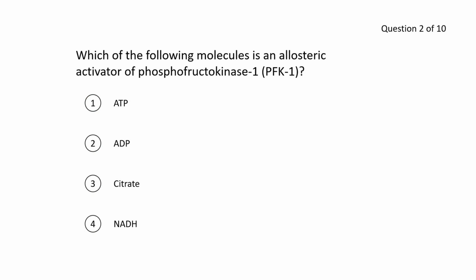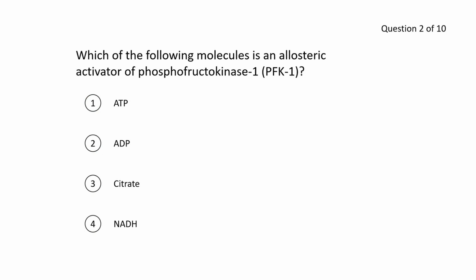Question 2. Which of the following molecules is an allosteric activator of PFK1? It's an activator. So for sure it's not NADH. That has nothing to do with glycolysis. In terms of regulation, it's not citrate because citrate inhibits PFK1. Remember, it's an intermediate from the Krebs cycle, and it basically inhibits allosterically because it's a sign of a high amount of molecules downstream.